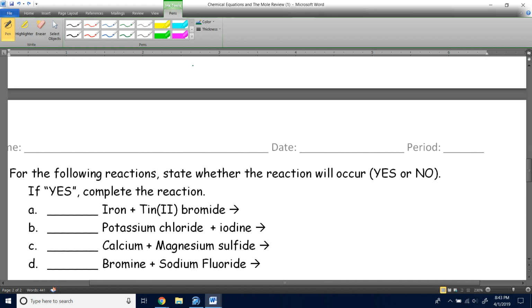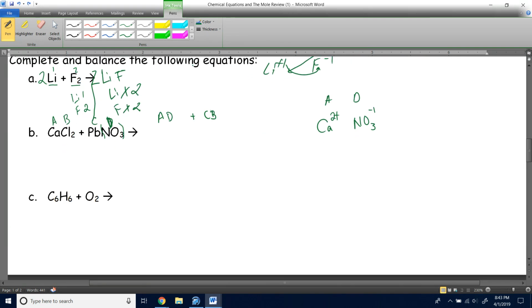Oh, that's going to be fun doing all those. So here we go. 2 plus comes down over here. And this 1 drops down in the back of Ca. All right. So what does that mean now? AD, the compound is Ca(NO3)2.